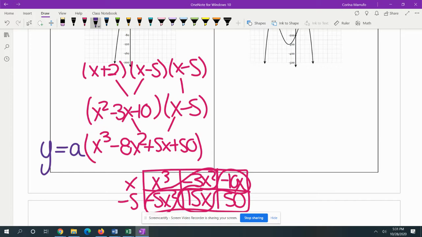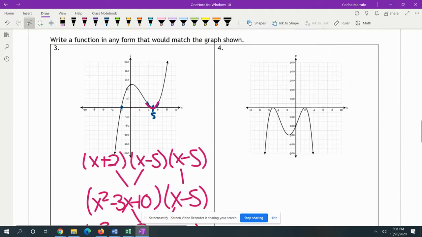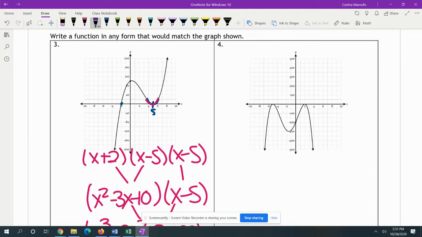Okay, and the way that we figure out what the number is, we have to plug in a point. I'm going to erase this again. So this point, we're going to go ahead and pick any point on here. I'm going to go ahead and pick this point because they clearly made a dot here for a reason. So between 80 and 120, I think this is counting by 20. So 20, 40, 60, 80, 100.